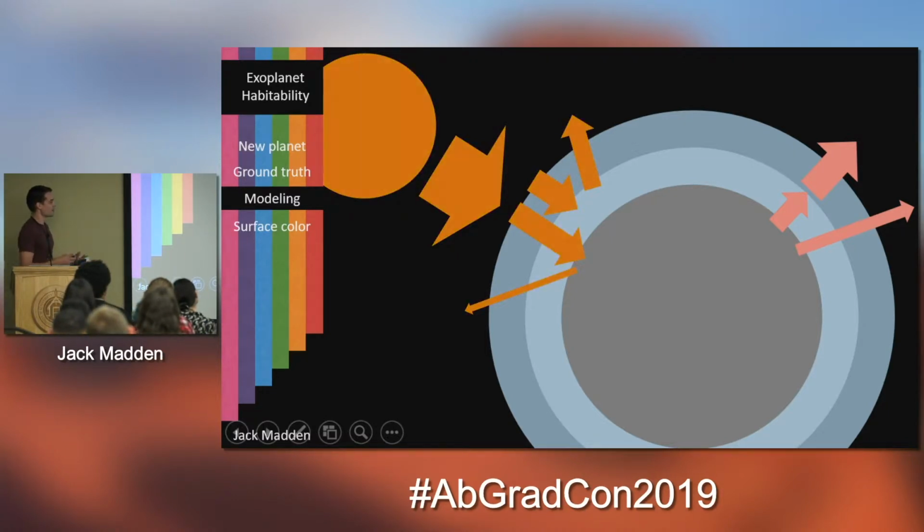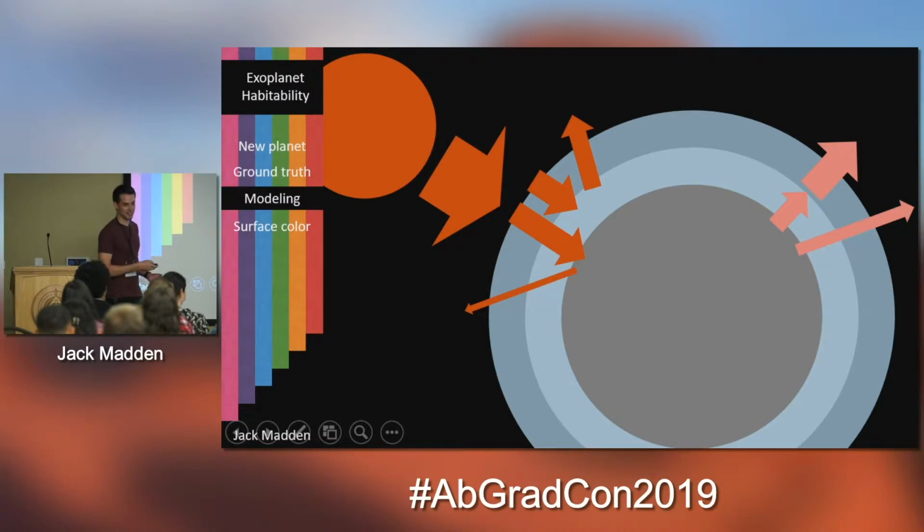So if we change the starlight, that's good. We have a gray planet here, so we don't have any interaction between the albedo and the changing starlight. It's going to be pretty much the same. We can model how the atmosphere is going to change here.